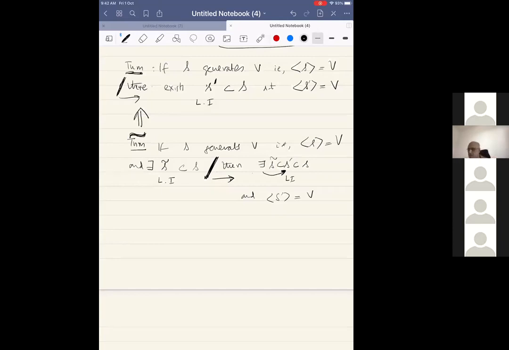What theorem tilde says is that I can keep these and add on more vectors so that I get S prime, which spans V and is linearly independent.